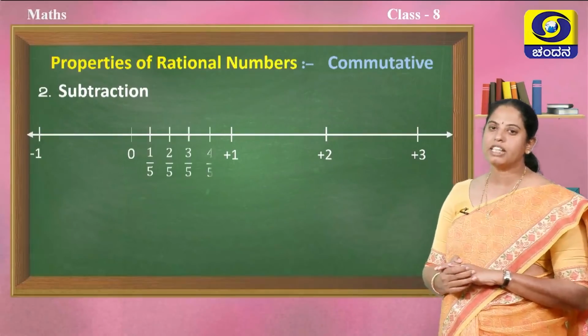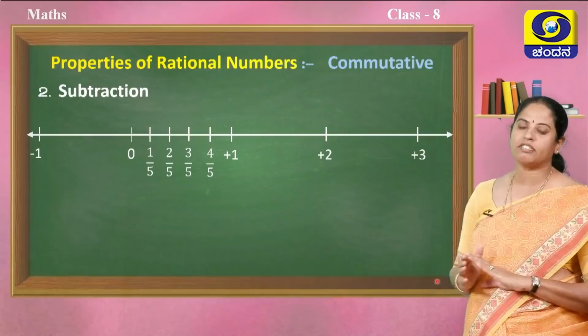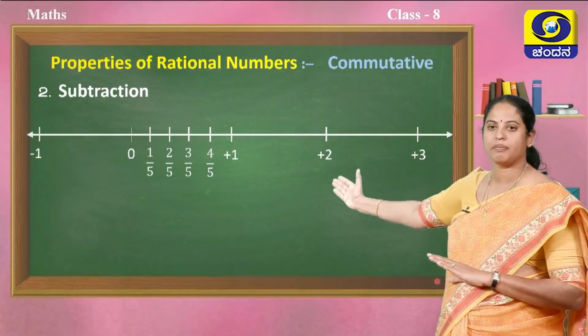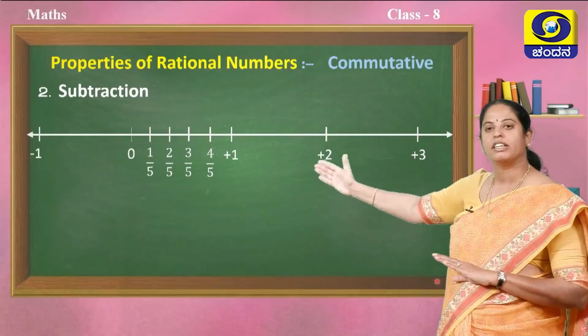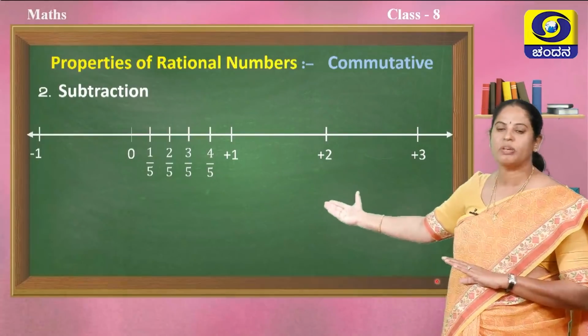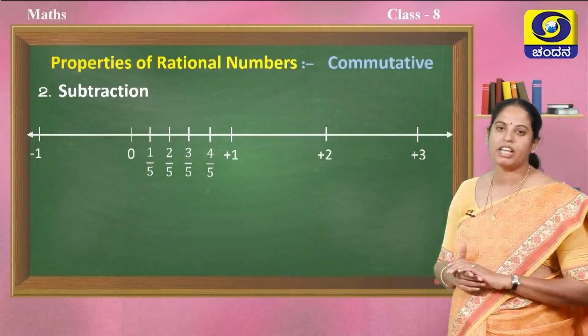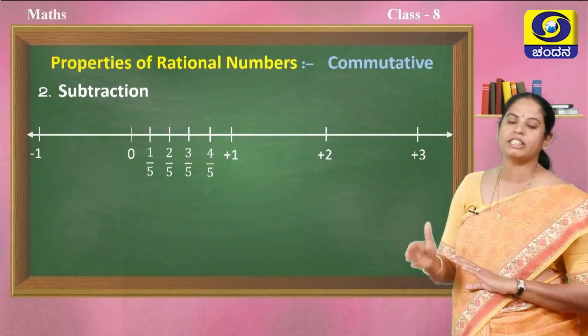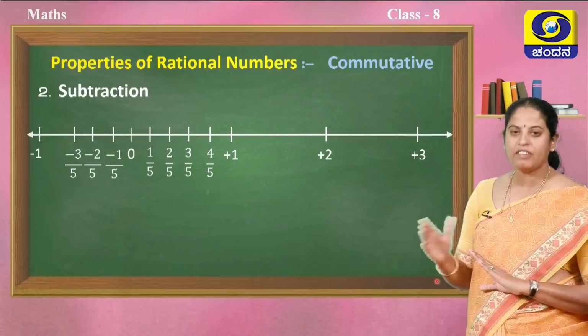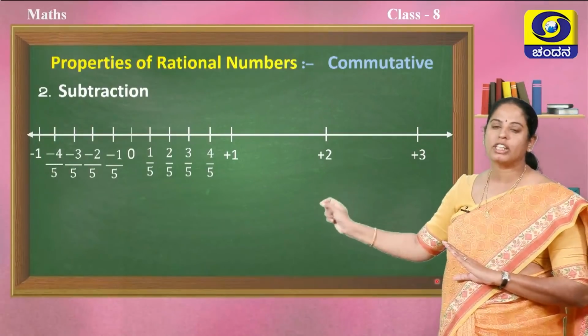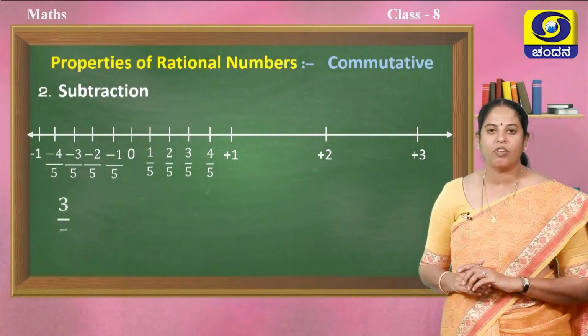Now, I divided 0 to 1 into 5 equal parts and each division is represented as 1 by 5. If I consider 2 divisions, it is 2 by 5. If I consider 3 parts, it is 3 by 5. In the same way, I have divided 0 to minus 1 into 5 equal parts and I denoted each part. What am I doing now?